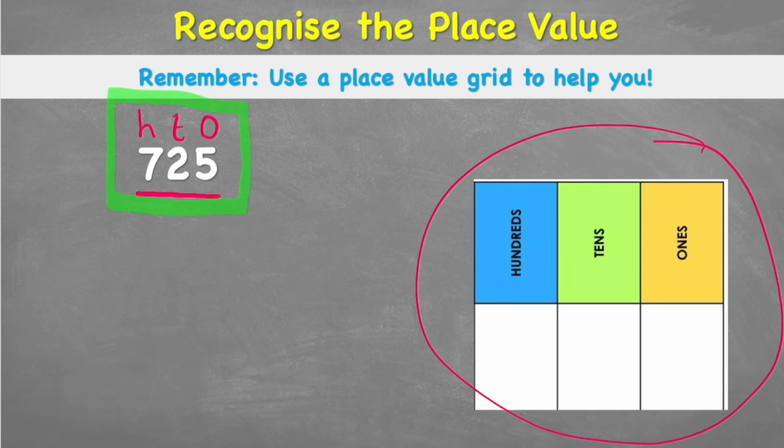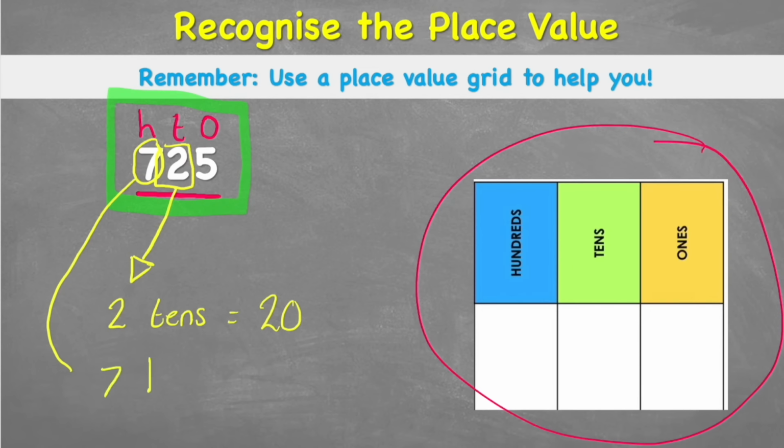But for now, it's really important to understand that this 2, for example, is not a 2 because it's in the tens column. It actually represents 2 tens, which equals 20. And the 7 is not just a 7, it's actually 7 hundreds, which equals 700.